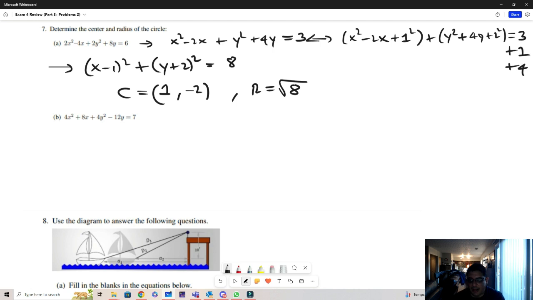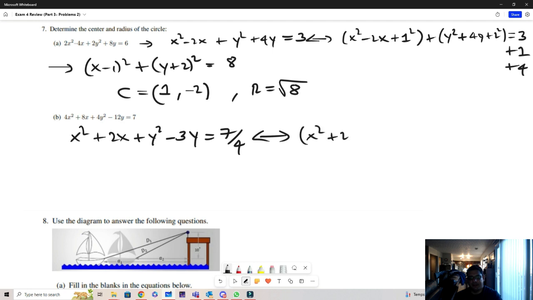Now the same thing is going to happen for b. We have 4's in front of the x squared and y squared. So if we divide everything by 4, we get x squared plus 2x plus y squared minus 3y equals 7 over 4. Okay? So now, same thing as before.